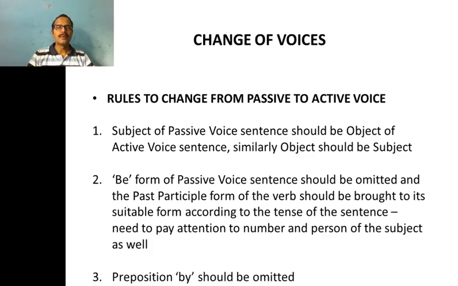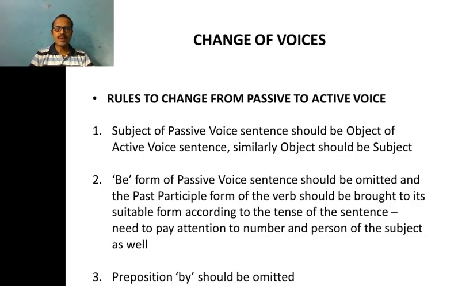Right. Now, in this particular session, let's know how we change sentences from passive to active. So let's know the rules first. This is exactly the opposite of what we followed when we changed sentences from active to passive. So look at the first rule.